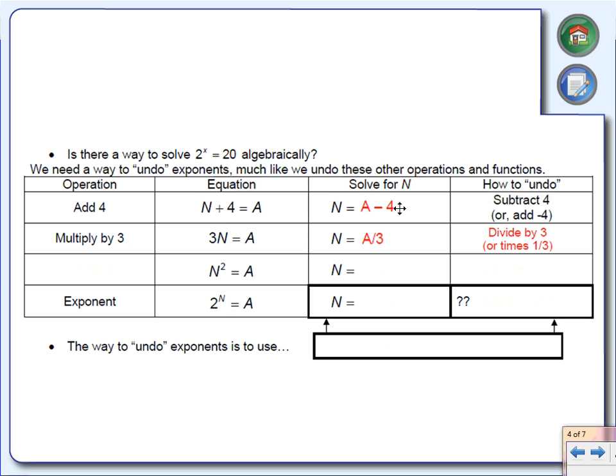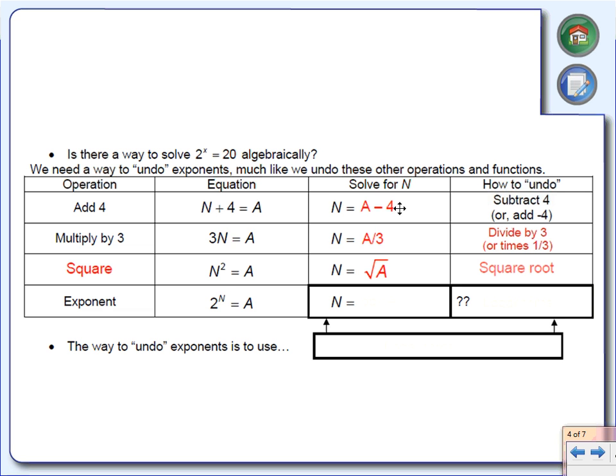What's the operation in that next equation? N squared equals A. The operation we're working with is squaring. Anybody remember the opposite of squaring? Square root it. Very good. To undo a square, you take the square root.